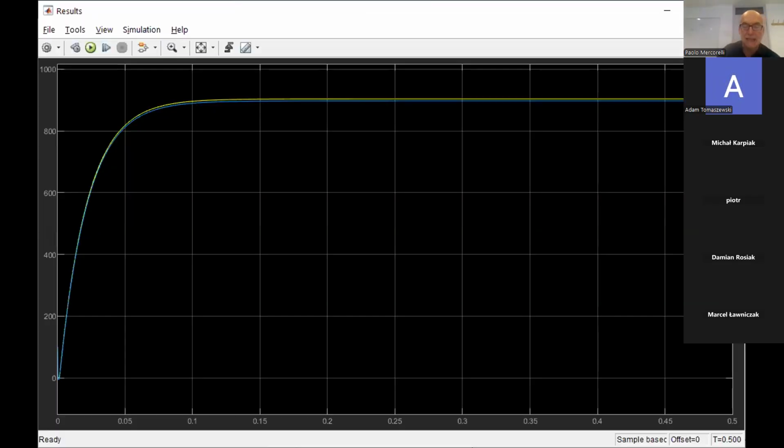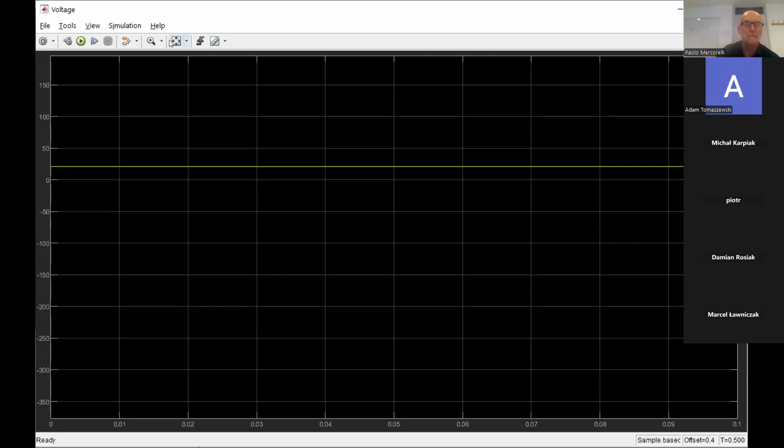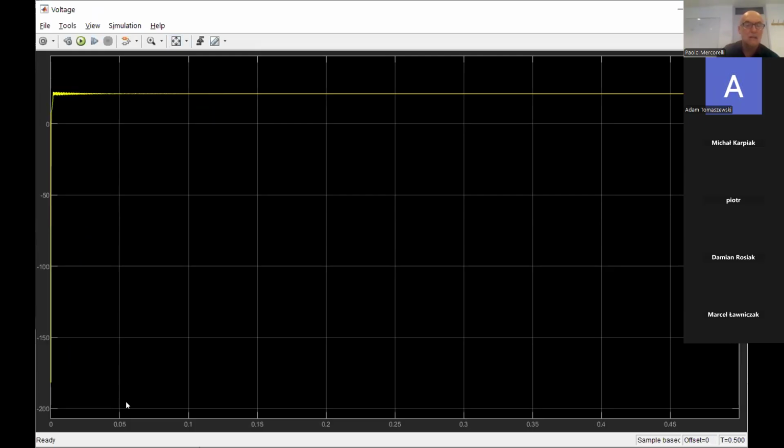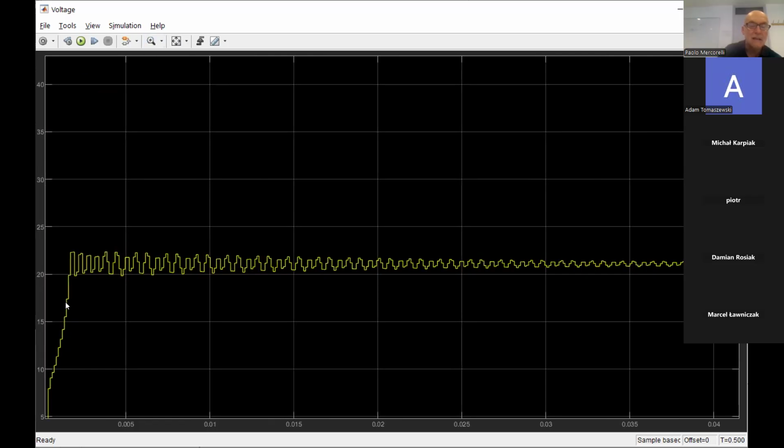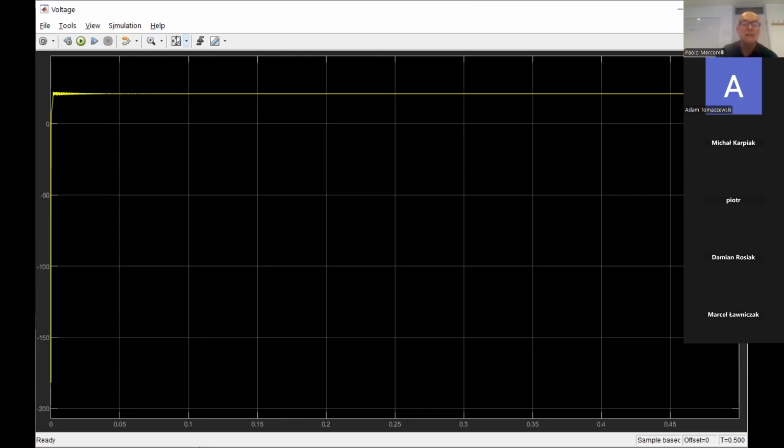But we can see a little bit larger. Let me see the input. Yeah. I don't know if you see. Yeah, reduce. I don't know if we reduce this, but I think so.